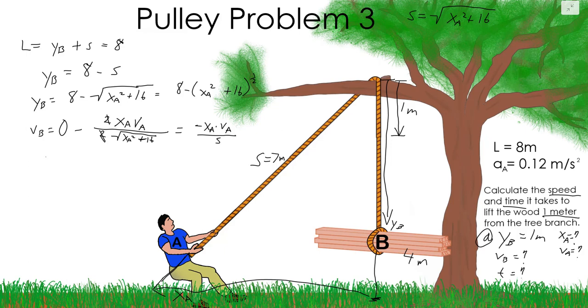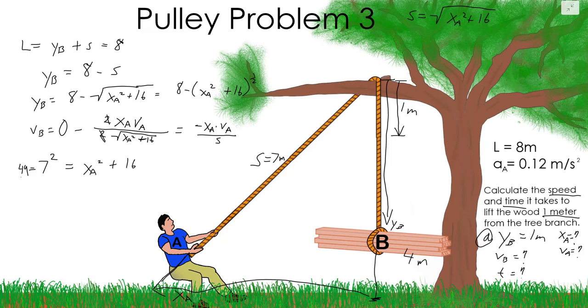But yeah, let's move forward. We're going to have 7, and since we're using this whole thing right here, we're just going to square it, because it's like the square root squared. So that equals XA squared plus 16, and so that's 49 minus 16.